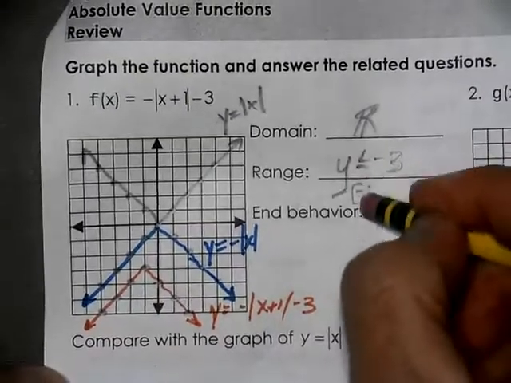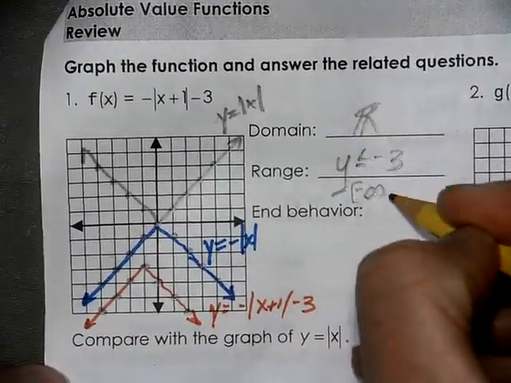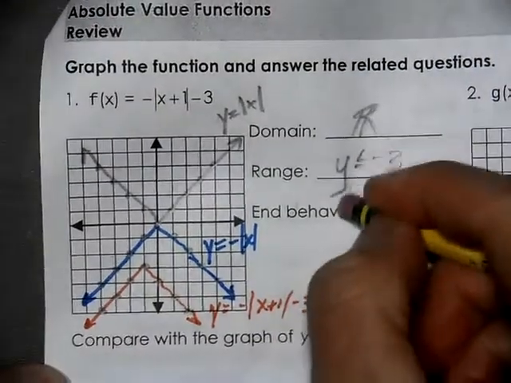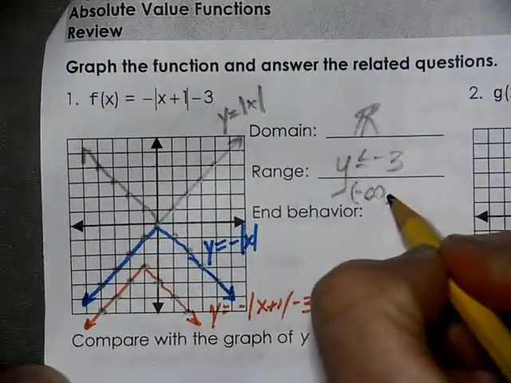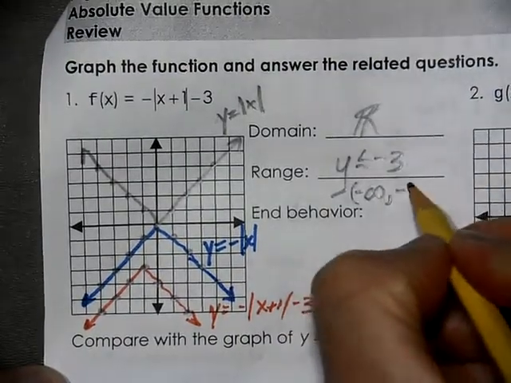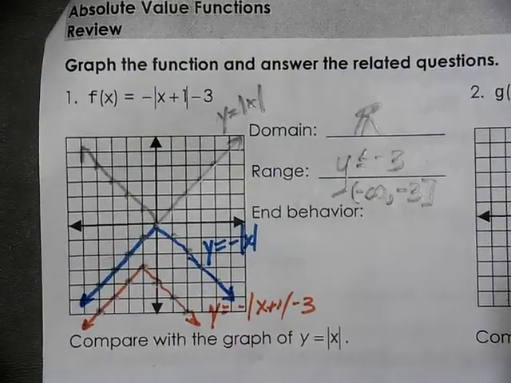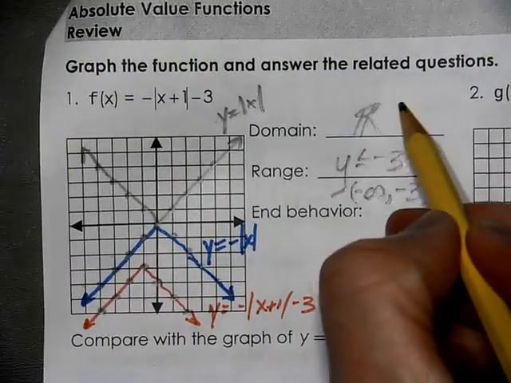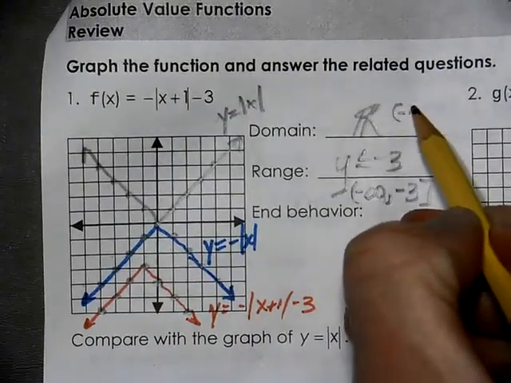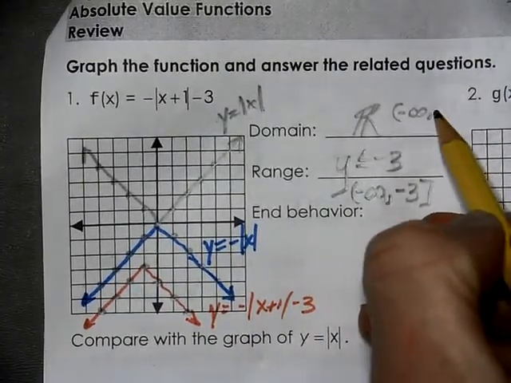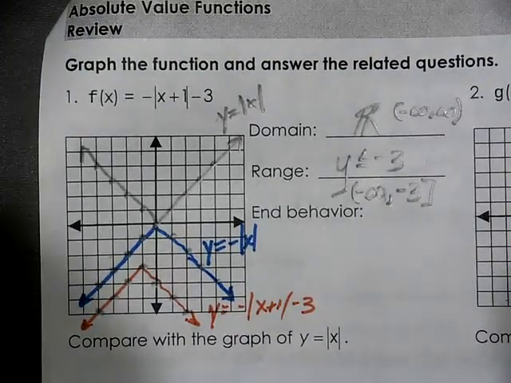Actually, sorry, you put the smallest number first, which is negative infinity, with a rounded bracket. And then that comes up to the maximum value of negative 3, and it can equal that one. For all real numbers, you go from negative infinity to positive infinity, because it's all real numbers. It's every number.